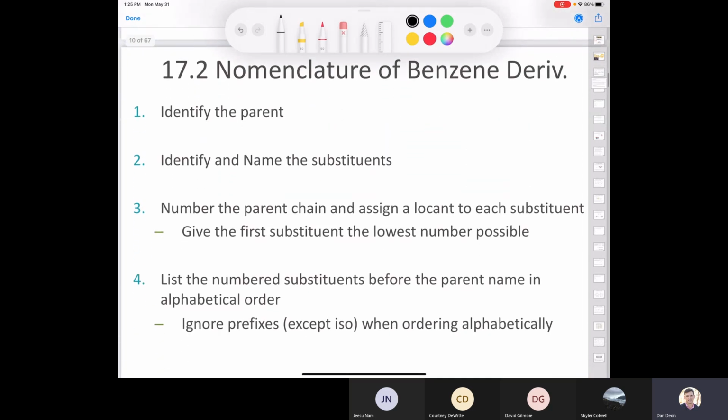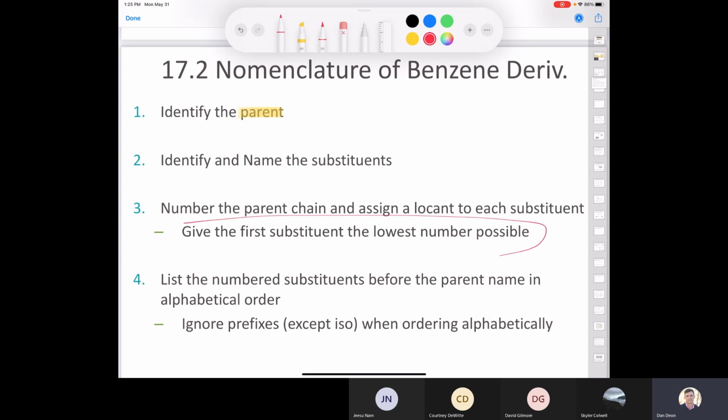So again, how do we name a benzene derivative? We identify the parent, and that's why we need to know the names of things like styrene, acetophenone, anisole, aniline, phenol, toluene, etc. Benzaldehyde, right? Then you identify and name the substituents. You number the parent chain and assign a locant to each substituent. Here's an important rule that I didn't mention today, not yet.